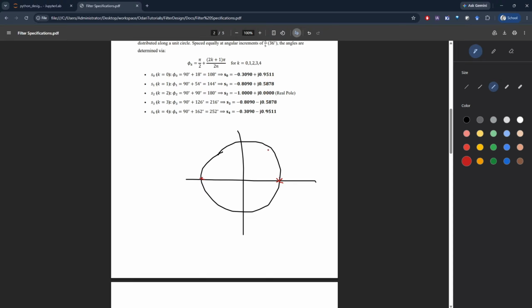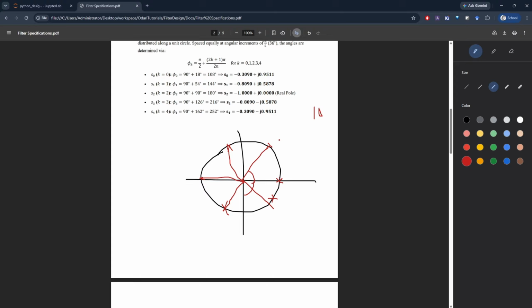Then because there are 4 values, we'll have the first one here, the second one here, the third one here, the fourth one here, as you can see. So from this to this, the angle is 36 degrees. The other one is because we take 180 divided by 5. So they'll be separated by 36 degrees. Every pole will be separated by 36 degrees.